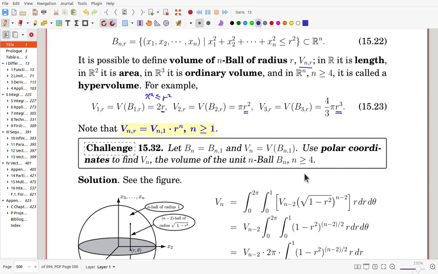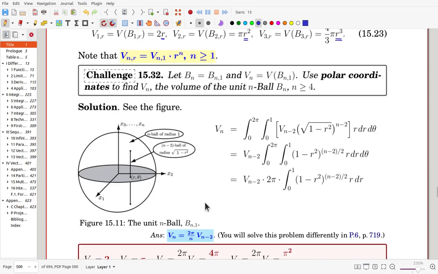In order to get the volume of the n-ball of radius 1, we start with this figure. Here is the x1 direction, the x2 direction, and everything over there is from x3 to xn.